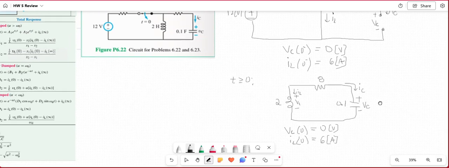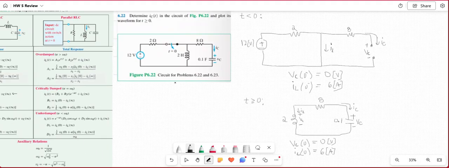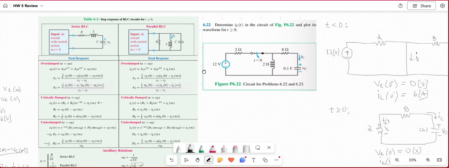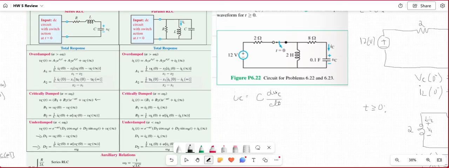Now it's asking for IC of t, the current for the capacitor. We get to that by taking the derivative, because IC equals C dVC over dt. So we need to find VC of t first.